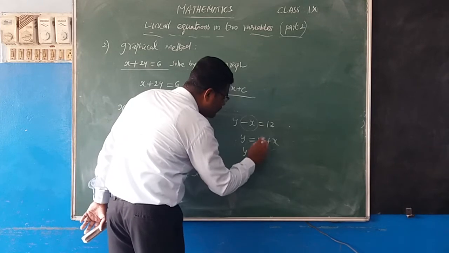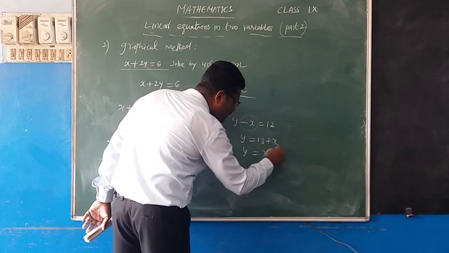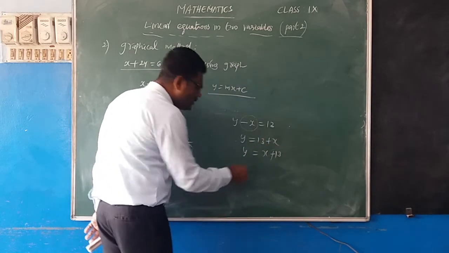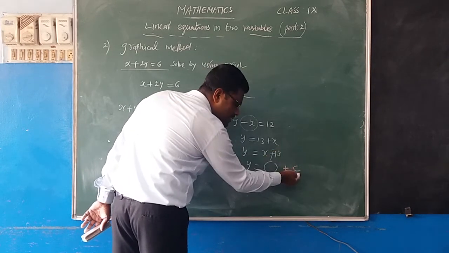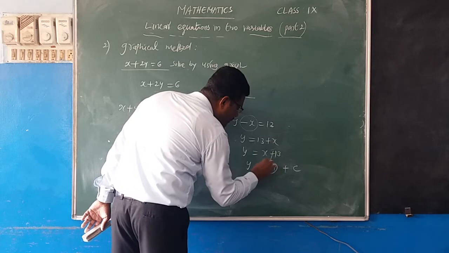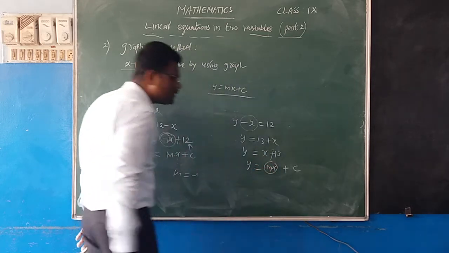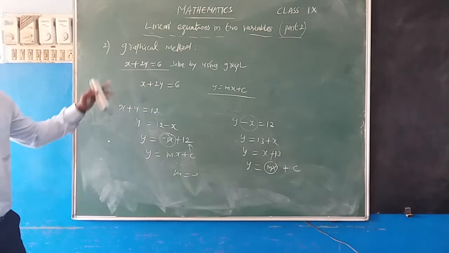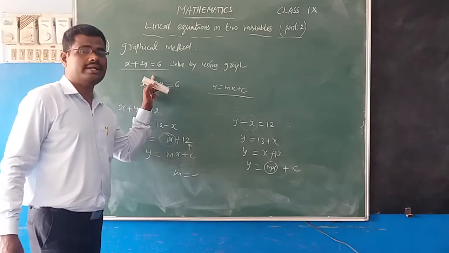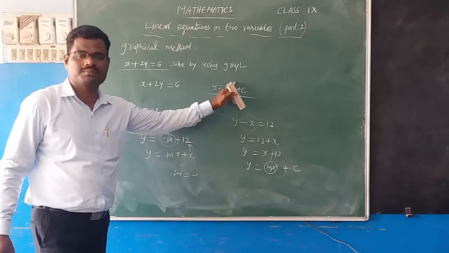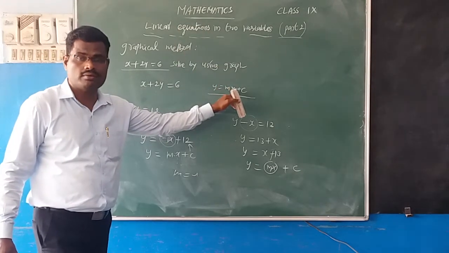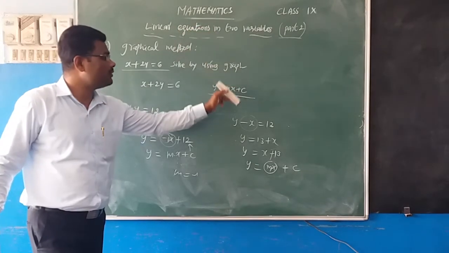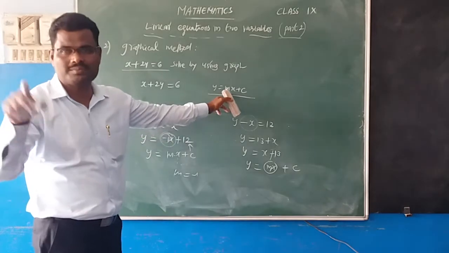So y is equal to 13 plus x, or x plus 13, both are the same. Here 13 is a constant, x is a variable, and the coefficient of x is m. So we need to write the given equation in the form y is equal to mx plus c. That is called the standard form of linear equation. Very important. The standard form of linear equation is y is equal to mx plus c.